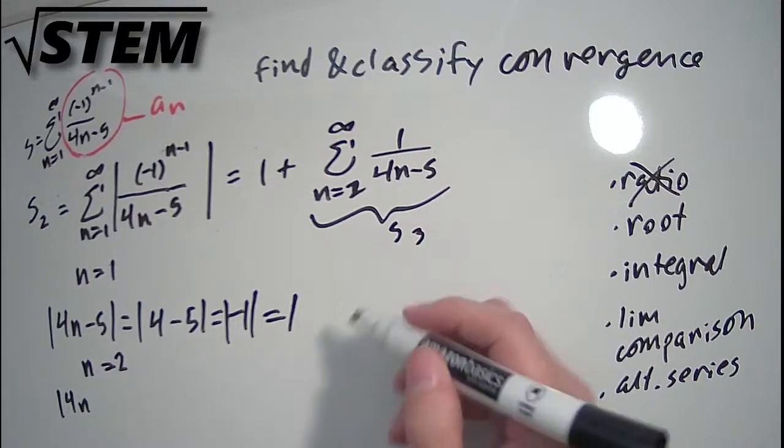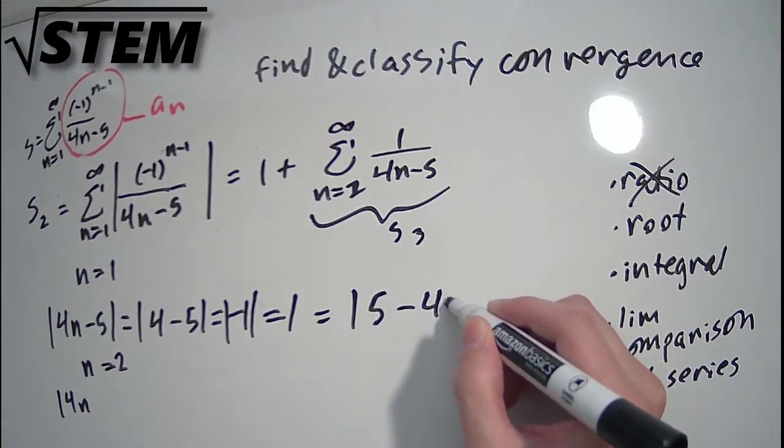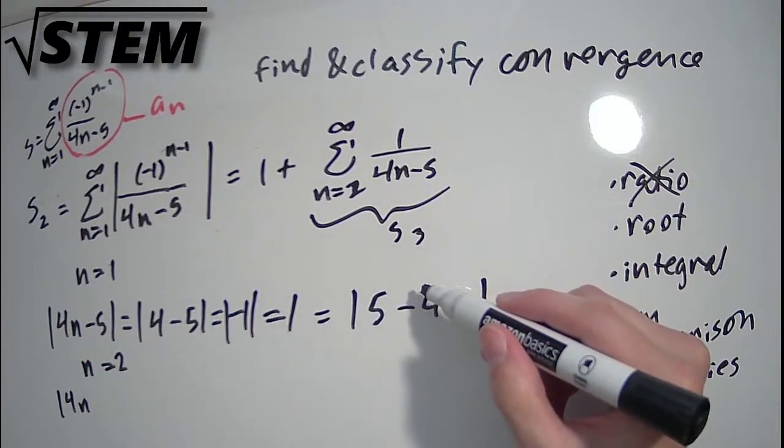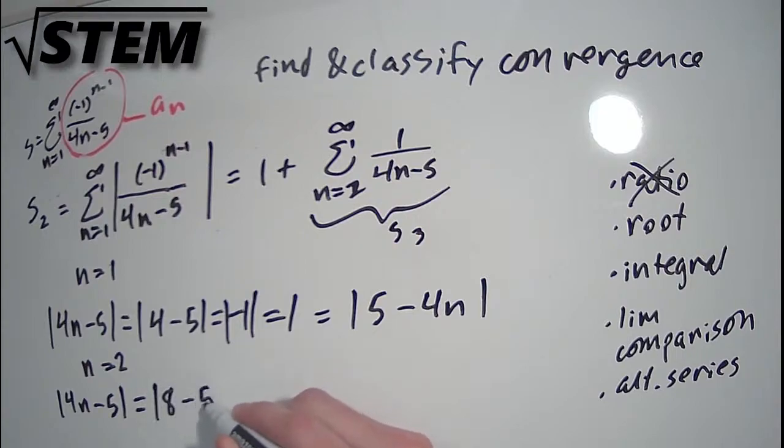4n minus 5 could be the same as 5 minus 4n. That would work for n equals 1. But once we get higher than 1, we have 8 minus 5, which is 3.